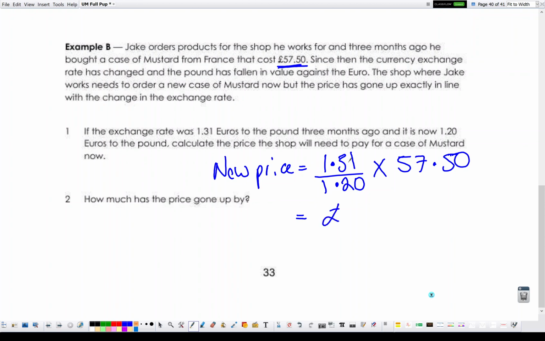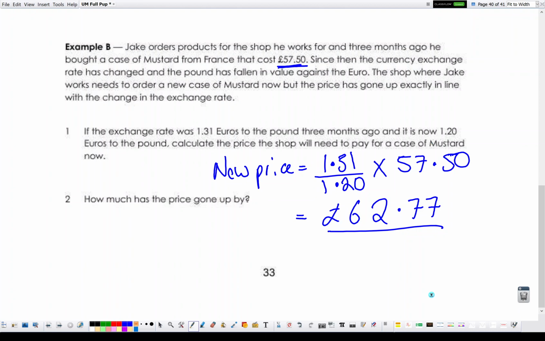So if you do that calculation, 1.31 divided by 1.2 and then times that answer by £57.50, it will be slightly higher. So we get a price of £62.77. So it's the same case of mustard, the same size, everything else, but because the exchange rate has changed, it means that the case of mustard basically costs more.